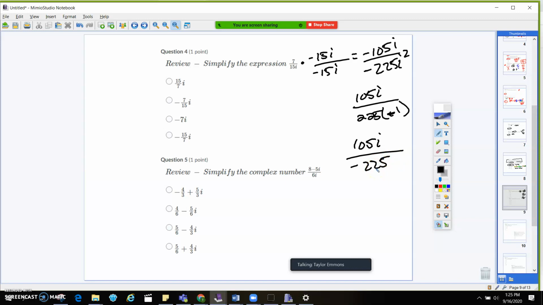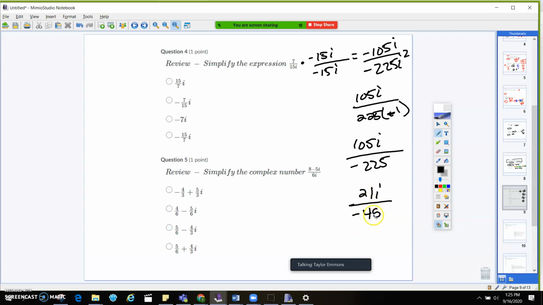And both the top and the bottom can be divisible by the same thing. They both can be divisible by 5. Okay, so in the top, I'm going to divide it by 5, and that's going to give me 21i. In the bottom, I'm going to have -225 and divide it by 5, and that's going to give me -45.